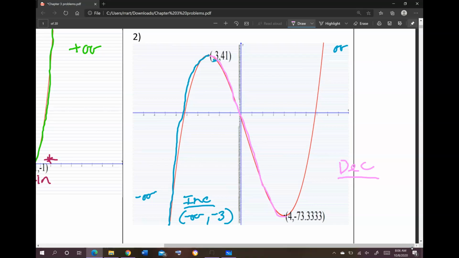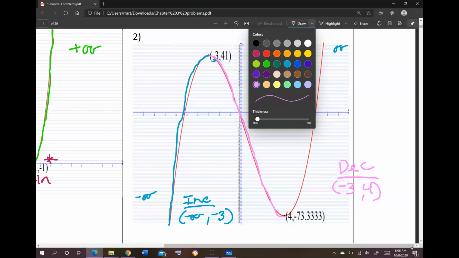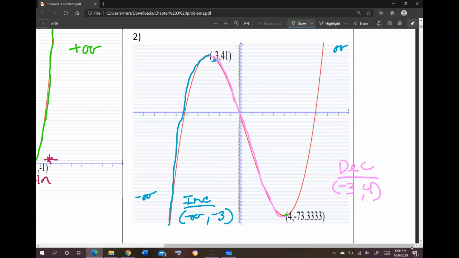So I decreased from -3 to +4. And what happened at +4? It's a minimum, so I turned and went back up again. So I'm also increasing from 4 to positive infinity.